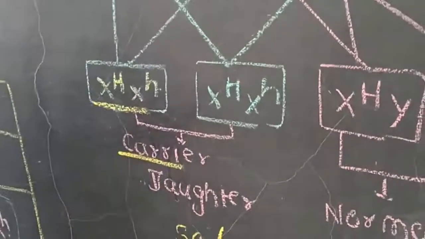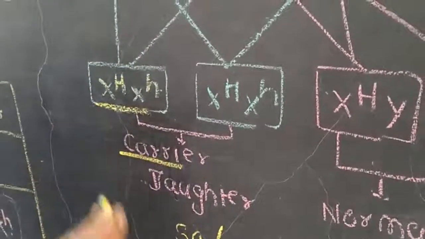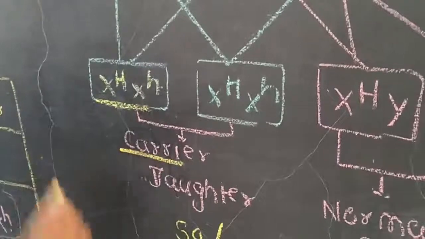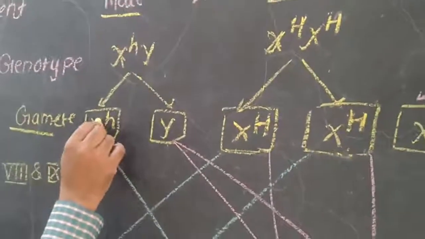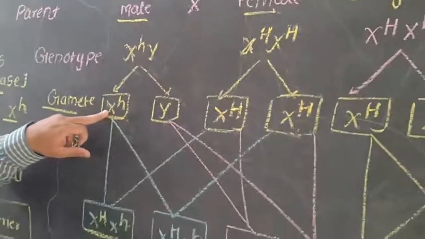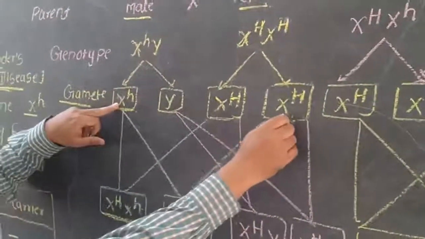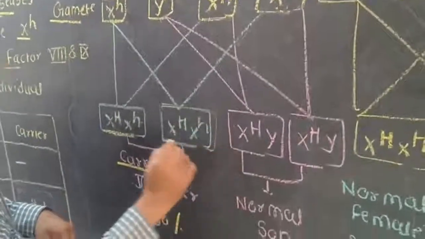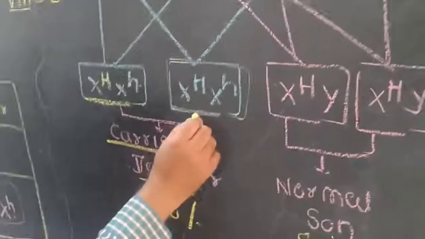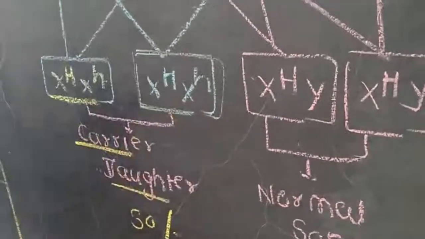So this condition is known as the carrier condition, and this daughter will be a carrier. Then another sperm fuses with another egg and produces a daughter, who will again be a carrier.